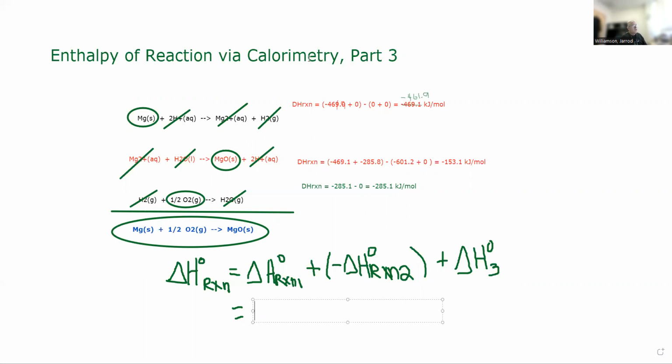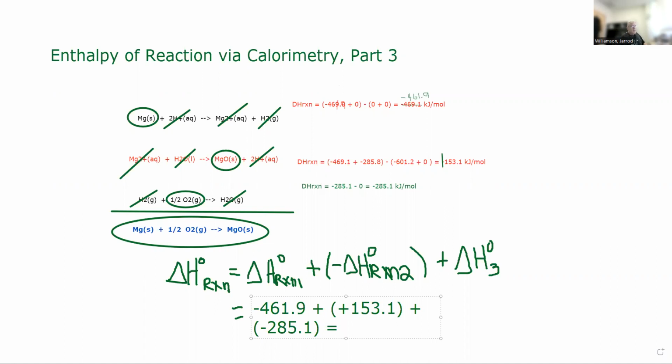I forgot that I have to change the sign on this to be positive. There. So this is going to be negative 461.9 plus positive 153.1 plus negative 285.1.